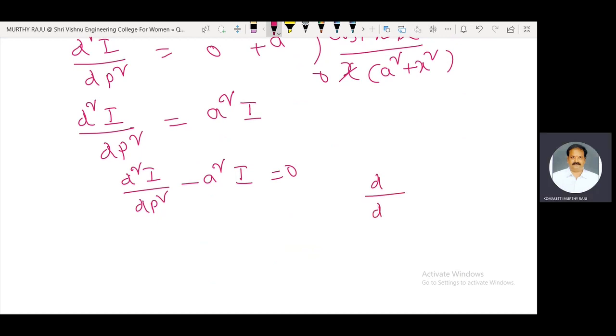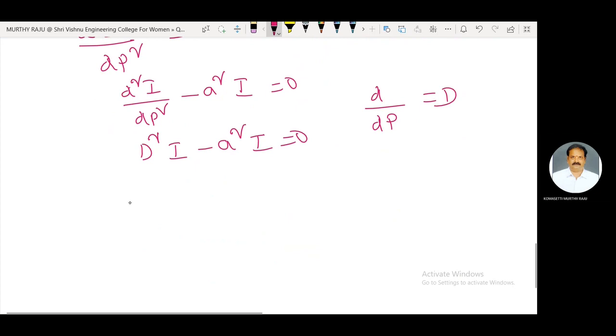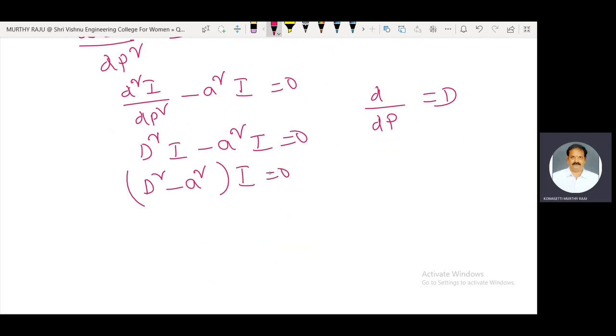D by dp is equal to capital D, so D square minus a square into I is equal to 0. D square minus a square is equal to 0, so D is equal to plus or minus a.